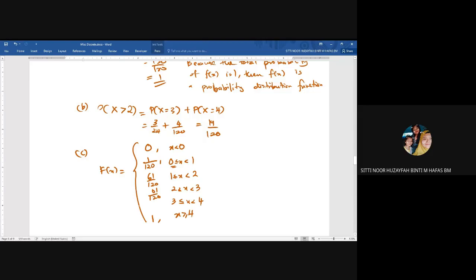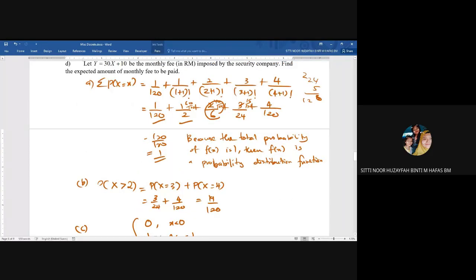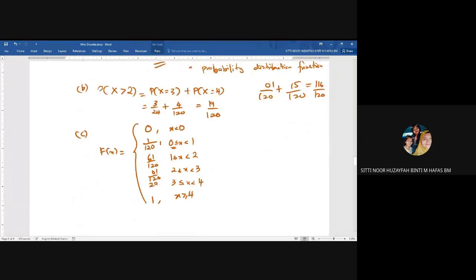And lastly, we have to add up 101 over 120 with 3 over 24. So 101 over 120 plus 15 over 120 is equal to 116 over 120. So you can simplify. So 116 over 120 is equal to 29 over 30. That's why we get 29 over 30.